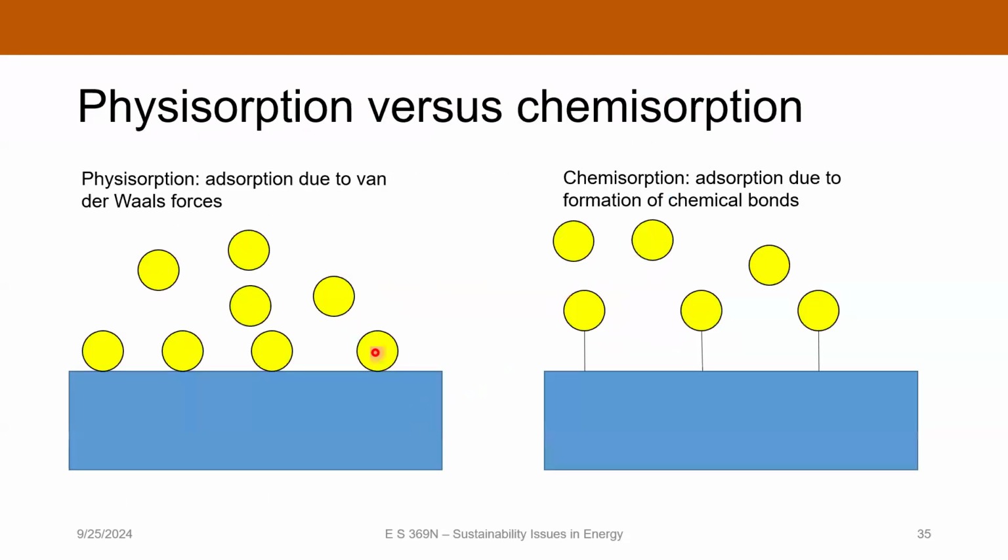They can either physisorb or chemisorb. In physisorption, you're looking at van der Waals interactions that cause the molecules to preferentially stick on that surface. For chemisorption, that's going to be chemical interactions, chemical bonding, actually. But again, it's happening right there on the surface, as opposed to actually going into this blue phase and interacting with the molecules in there.